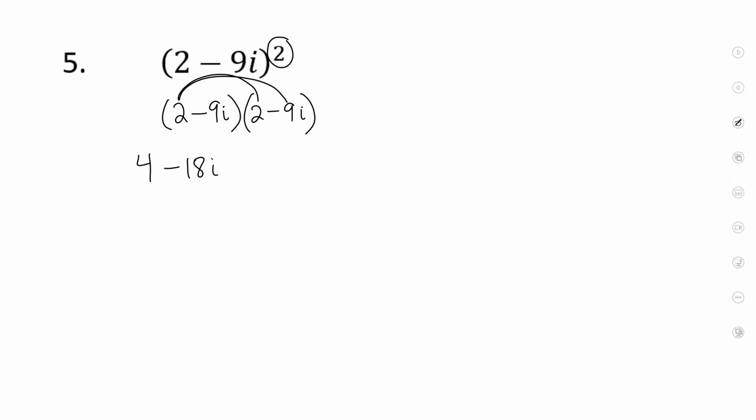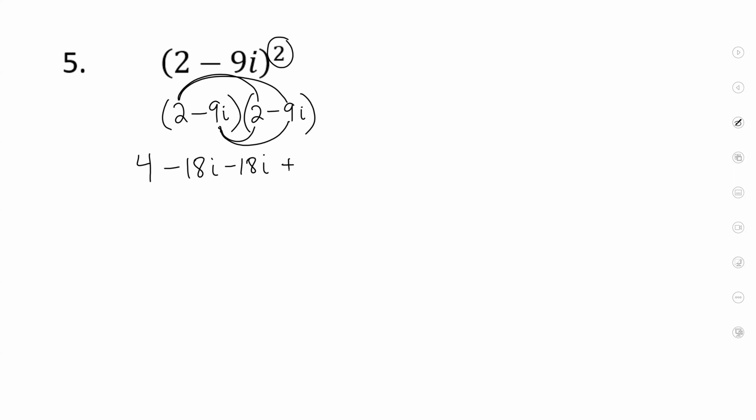Next, negative 9i times 2 is negative 18i. Finally, negative 9i times negative 9i, it'll be positive because a negative times a negative is positive.